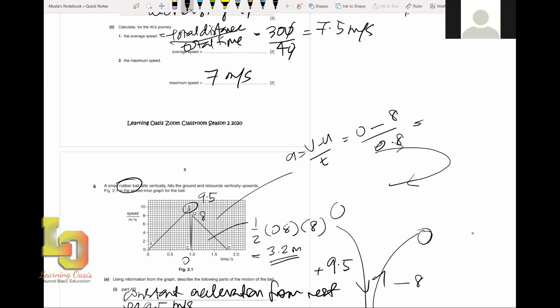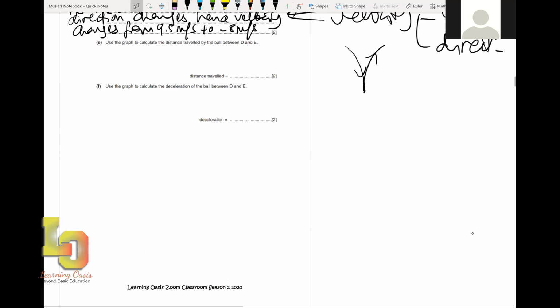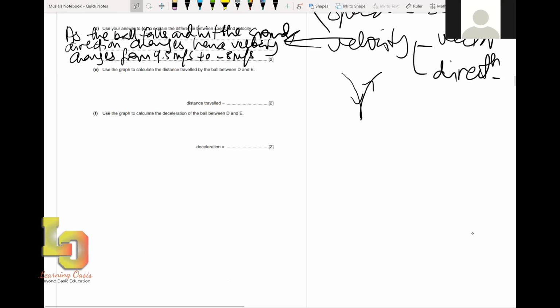Right. So that would be negative 10 meters per second squared. When you put your calculation, you have to put negative, but in your answer, because this is deceleration, so okay.